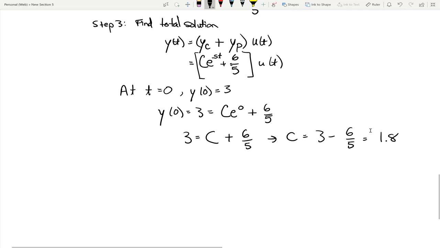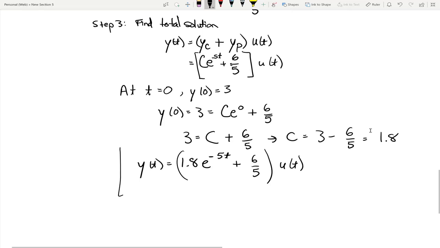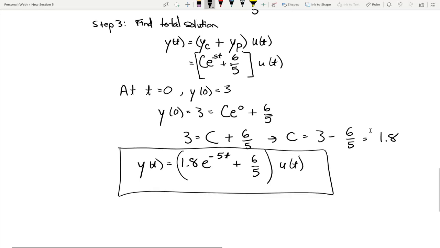All right, so I have that y of t is equal to 1.8 e to the negative 5t plus 6/5, times u of t. Okay, and that is my solution.